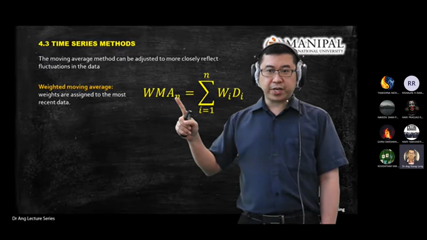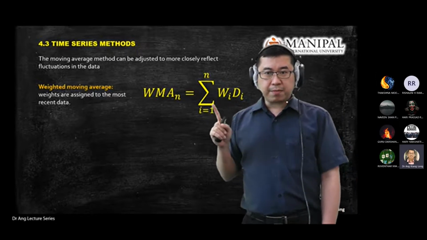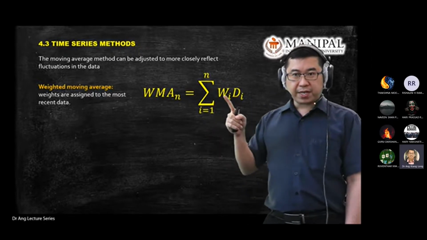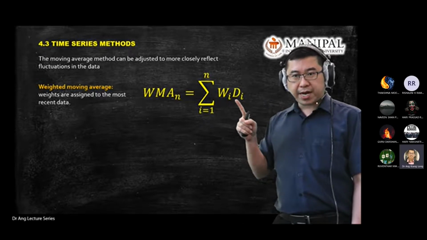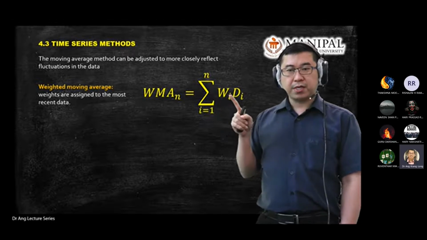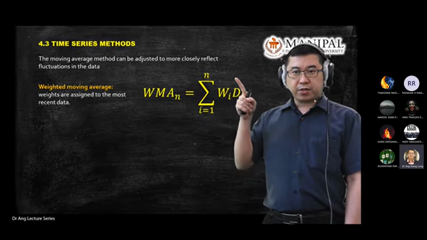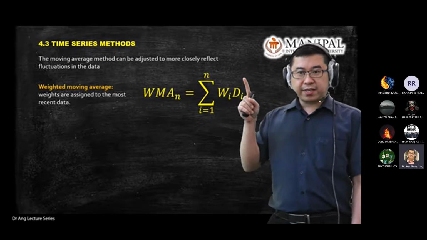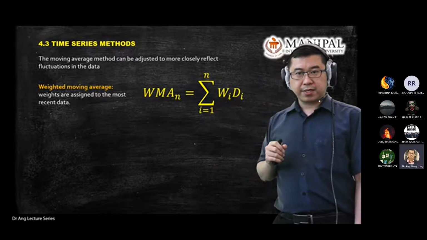Weighted moving average sub n equals the sum of Wi di, which means you multiply your weight, a constant value, by the demand, then add all the numbers together.